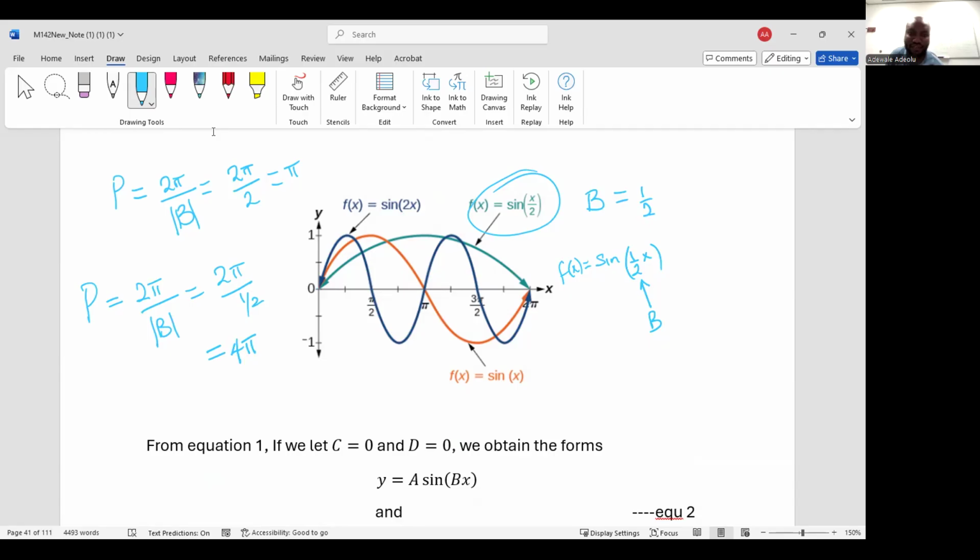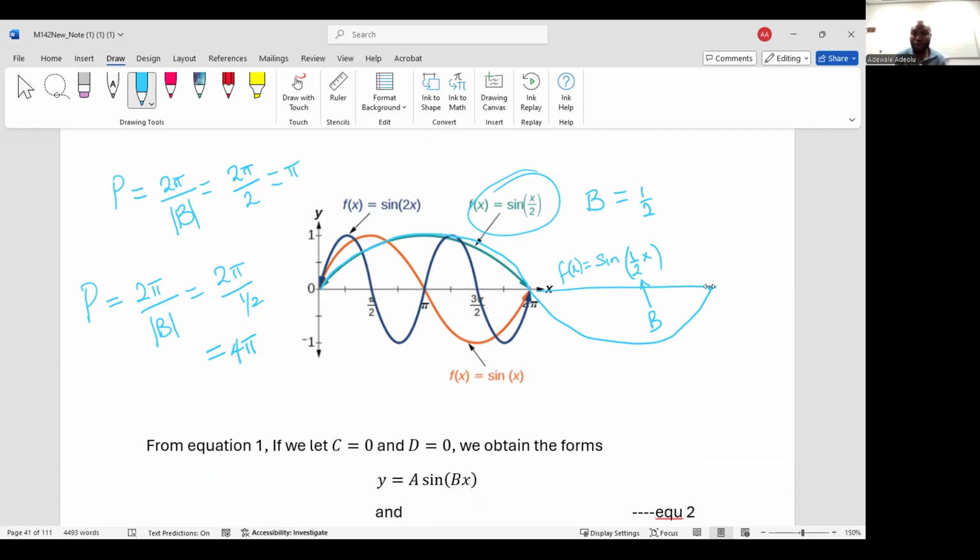Now look at what we have when we graph it. By the time it is getting to 2 pi, it has just completed half. So to complete it, it has to go this way up to 4 pi. That is when it will complete one rotation for that particular function. And that agrees with what we studied because B is less than 1.